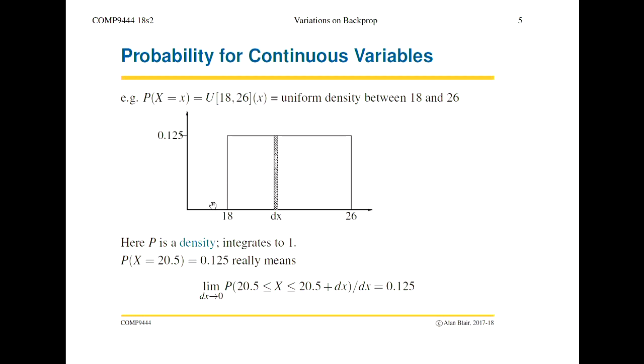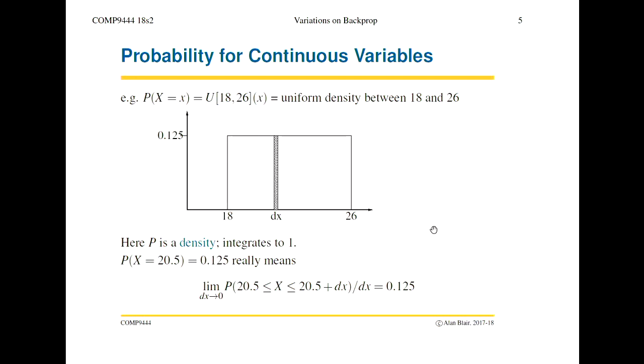The distance between here is 8, so the height is 0.125. The whole area is 1. But if we pick some number in the middle like 20, we can't really say that the probability of the thing being exactly equal to 20 is 0.125.